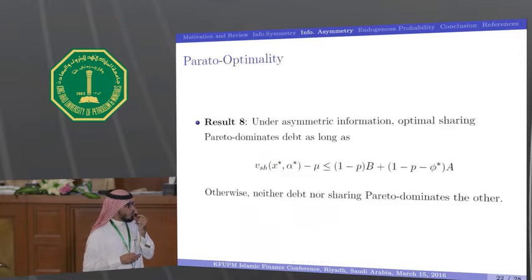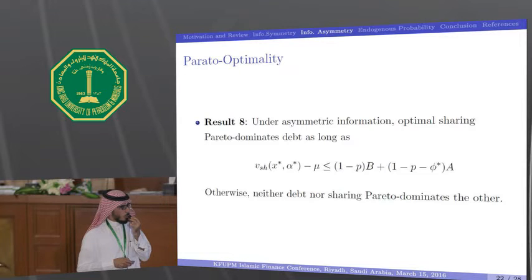For Pareto optimality, we again found that under asymmetric information, optimal sharing Pareto dominates debt as long as this equation holds. Otherwise, neither debt nor sharing Pareto dominates the other.